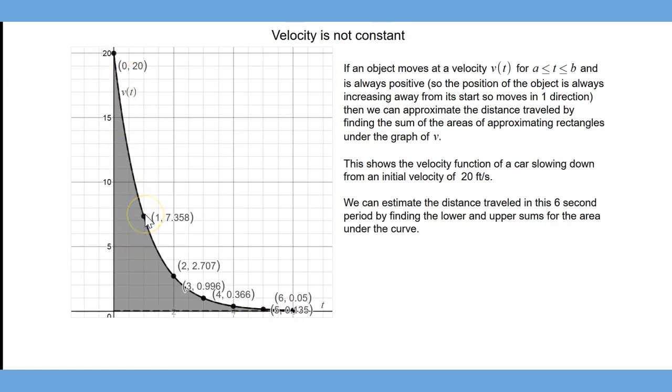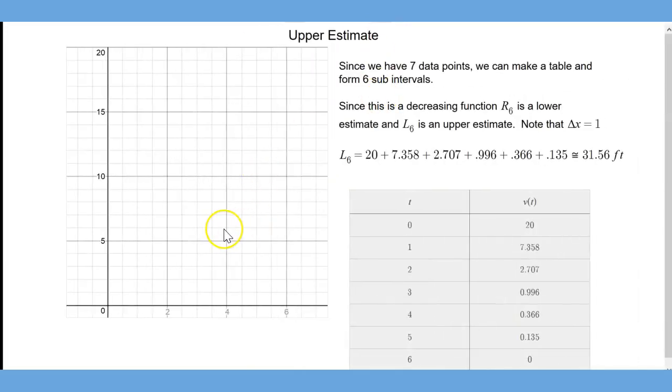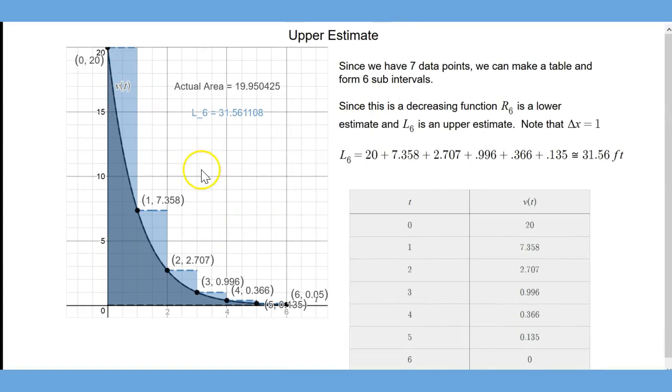At 1 second, it's going 7.358 feet per second, etc. So we can estimate the distance this object has traveled with rectangles. We have 7 data points, so we can form 6 subintervals. That's nice because delta x is just 1, since my interval is 0 to 6.